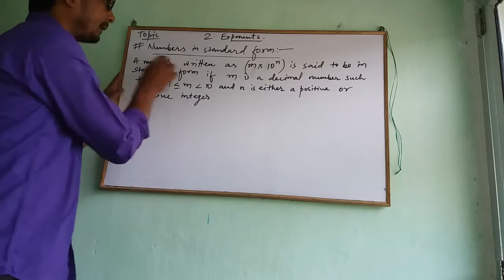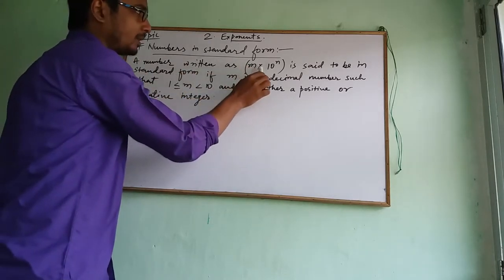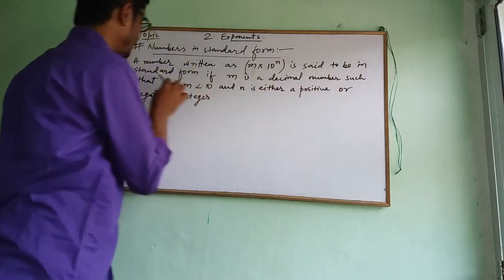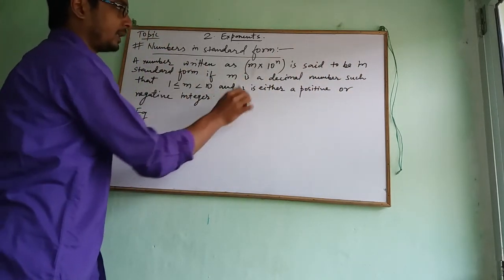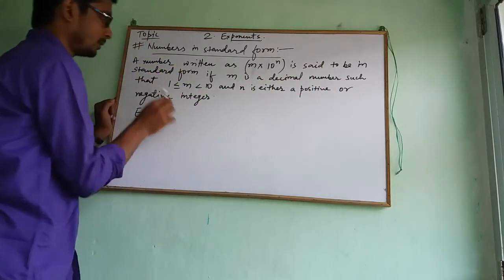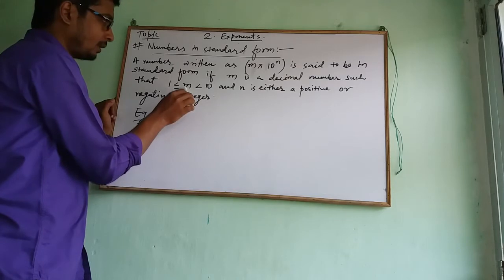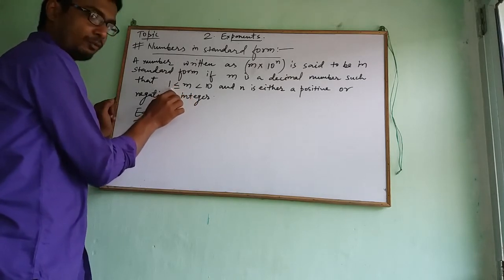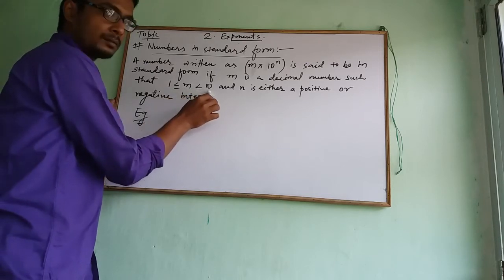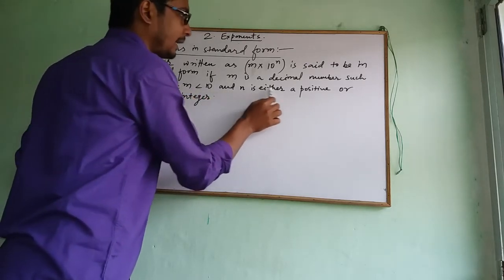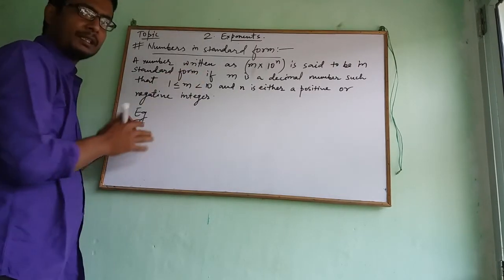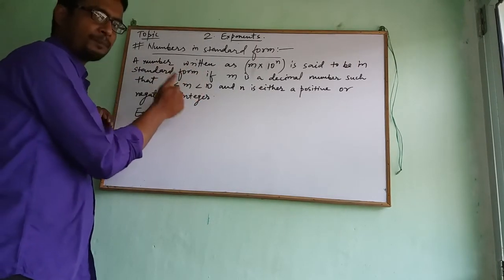A number written as m into 10 to the power n is said to be in standard form if m is a decimal number such that the value of m is equal to or greater than 1 and less than 10, and n is either a positive or negative integer.